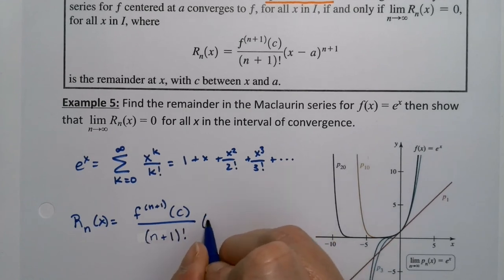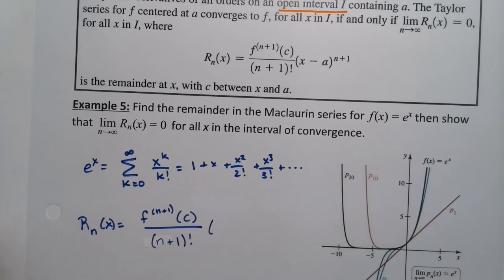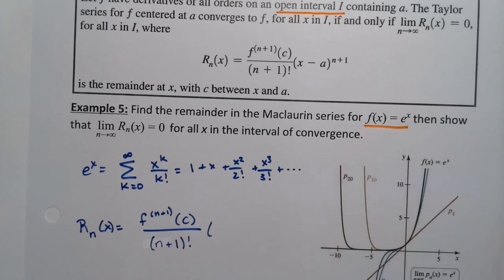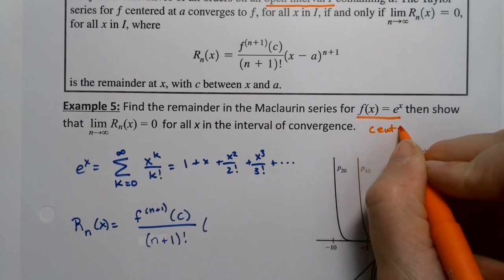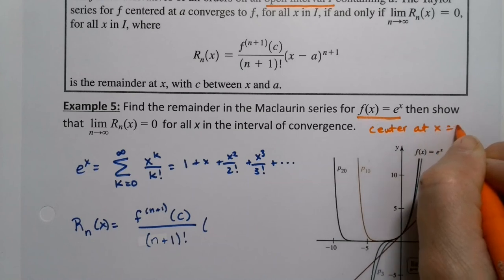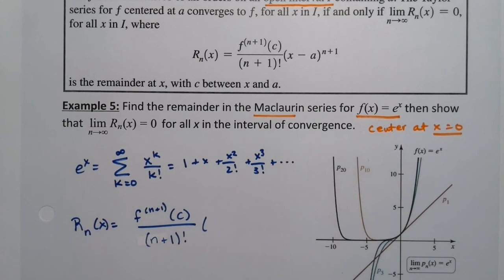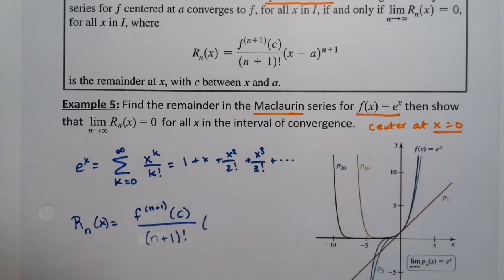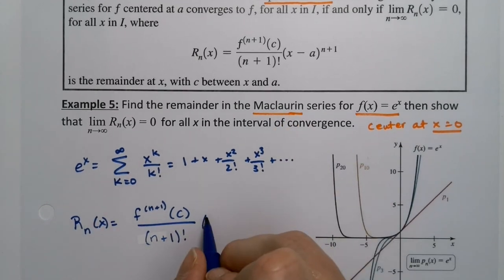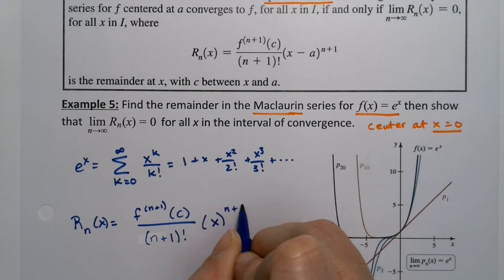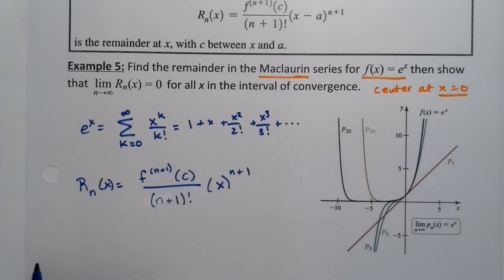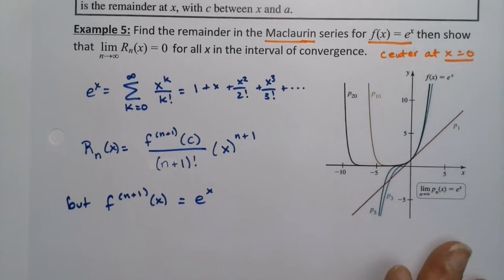factorial times, and I've centered this, if you'll notice, I'm just talking about this function, so the center is at x equals 0, right? So really, it's a Maclaurin series, you can tell right there. So it's a Taylor series centered at 0. So it's really x to the n plus 1. But of course, the n plus 1th derivative of e to the x is e to the x, right?